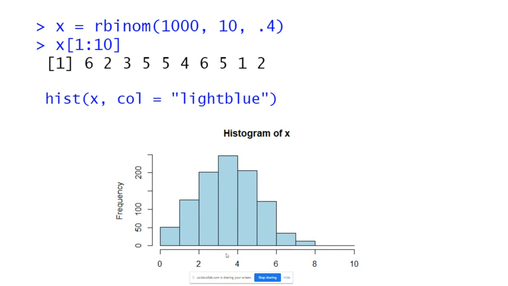We can see this makes sense, that its peak is here near 4, and it has values between 0 and 10, with values that are low being slightly more likely than values that are close to 10, which makes sense because our success probability was less than 0.5. Questions about working with the binomial distribution in R or on your calculator?